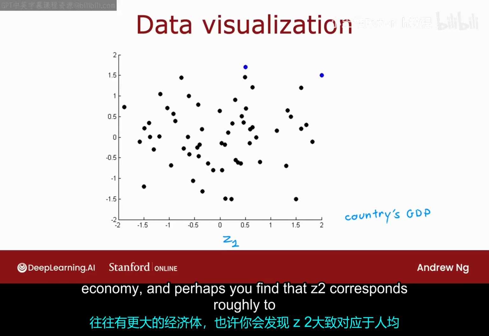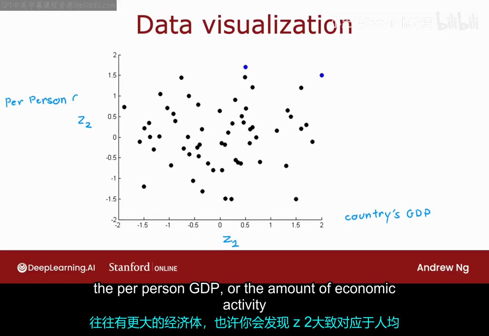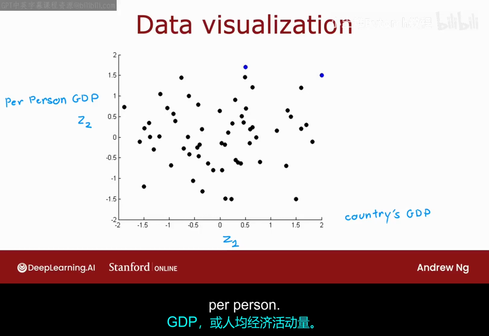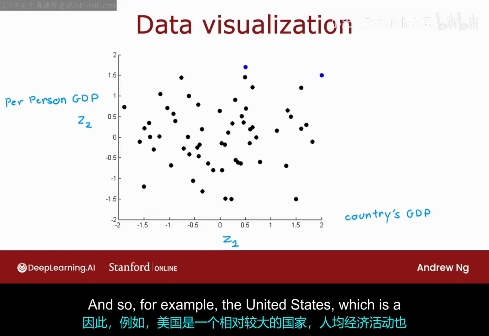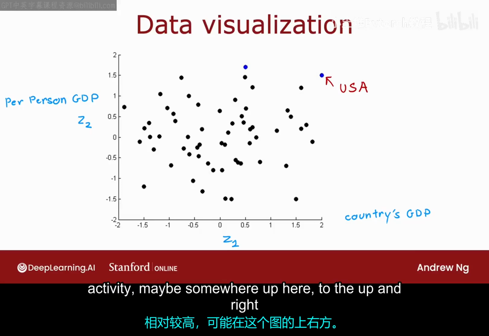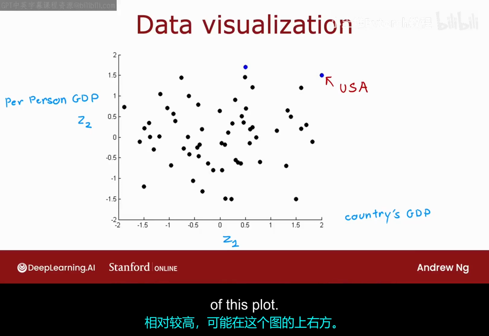And perhaps you find that z2 corresponds roughly to the per person GDP, or the amount of economic activity per person. And so, for example, the United States, which is a relatively large country and has relatively high per person economic activity, may be somewhere up here to the up and right of this plot.